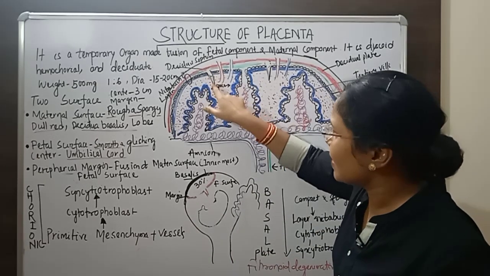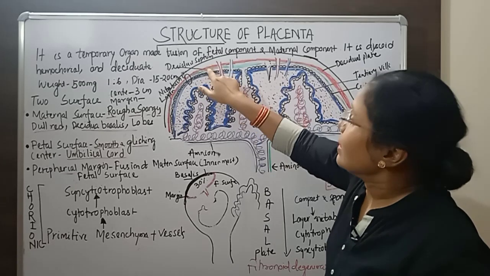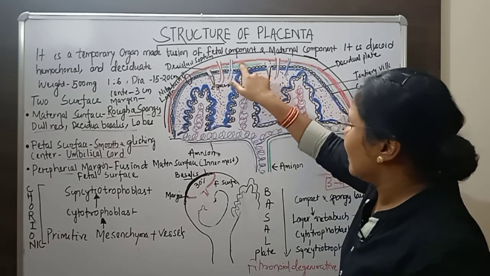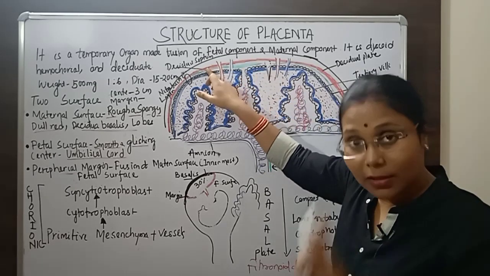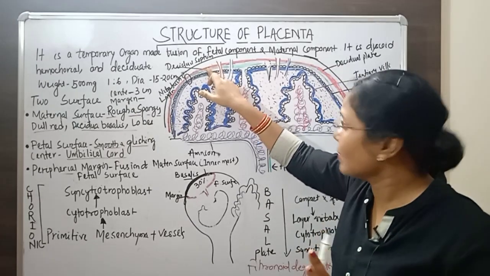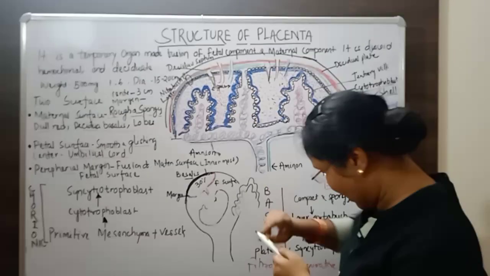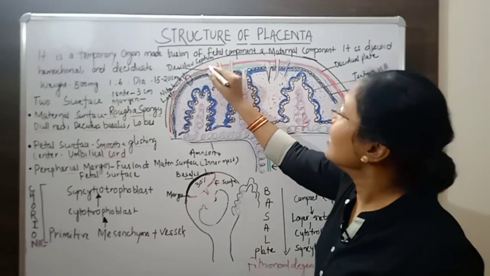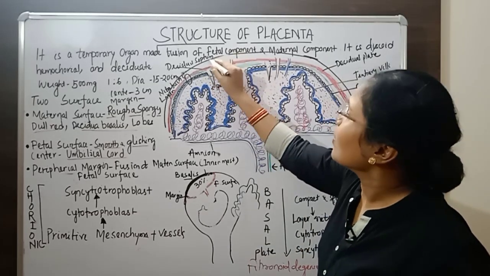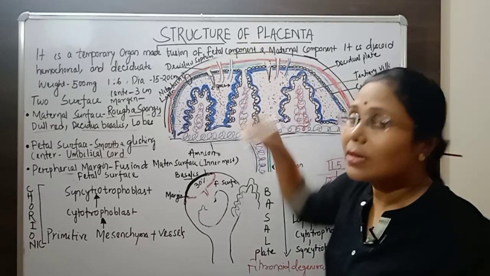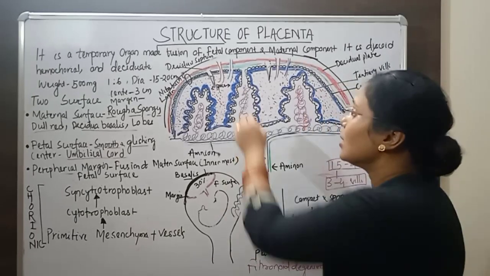Once the decidual septa are developed, this is the decidua basalis, which is a functional layer of the placenta. Just above it, I have given the black line, that is the myometrial layer. From this myometrial layer, the blood vessels drain into this intervillous space.